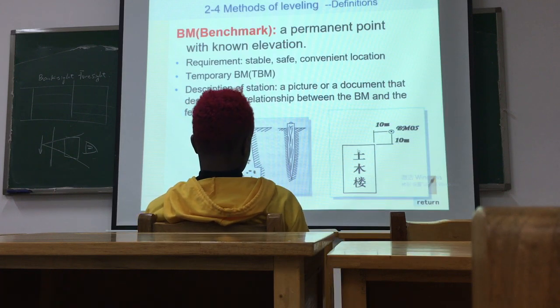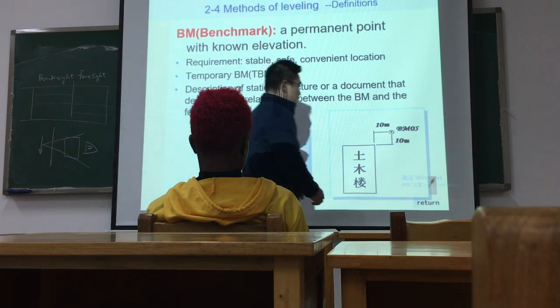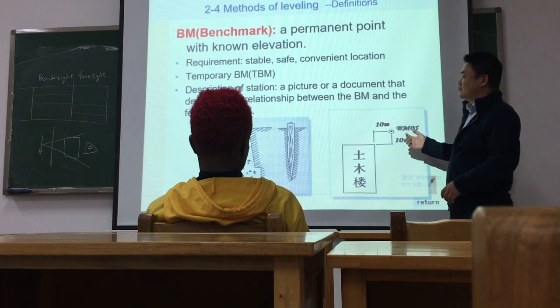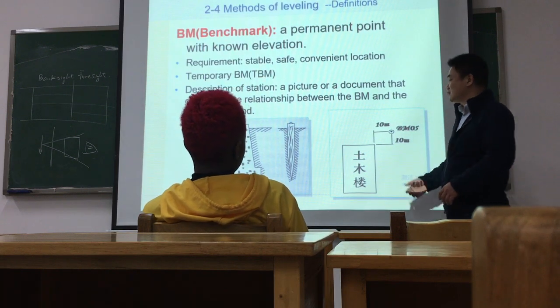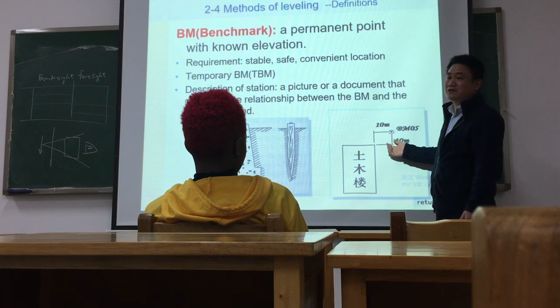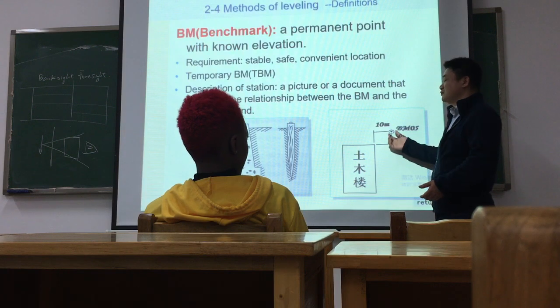And this is the description of the station. That means the people tell others about the point. If we bury the benchmark in the ground, sometimes we forget the position, and sometimes others will take a measurement after you bury the benchmark. In this situation, they cannot find the position of the benchmark.